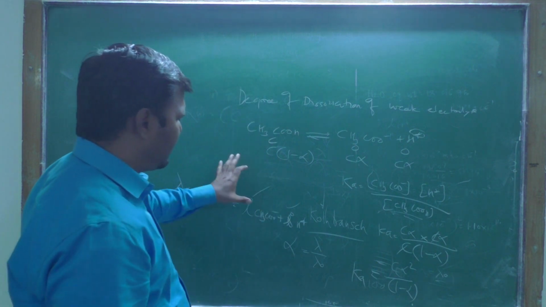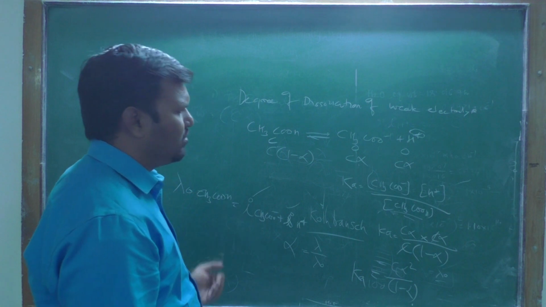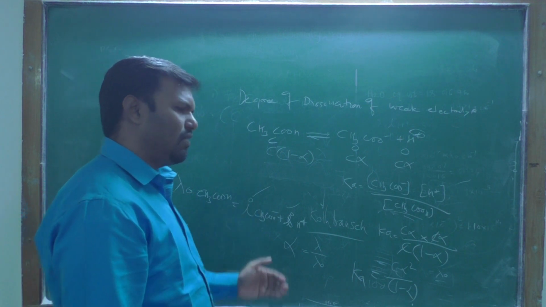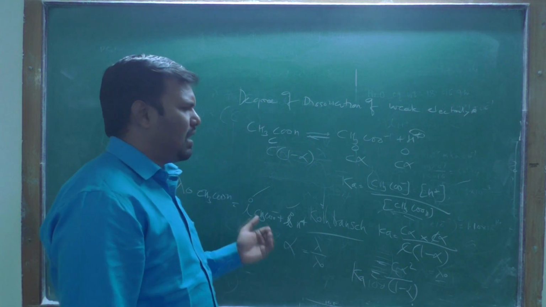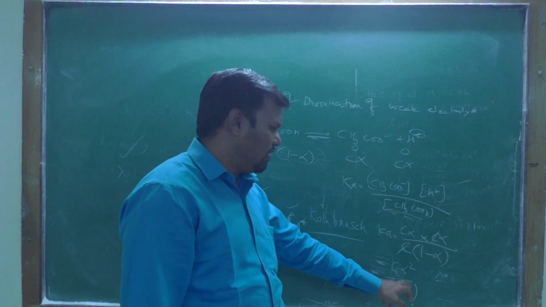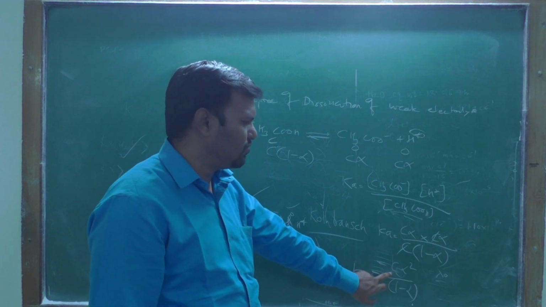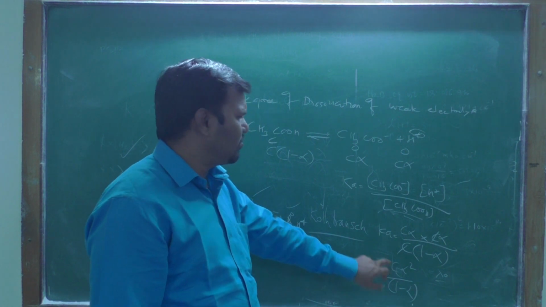The alpha value we can find out. Degree of dissociation of a weak electrolyte we find by using lambda upon lambda 0. You put the lambda values for a particular concentration, and we know the initial concentration.